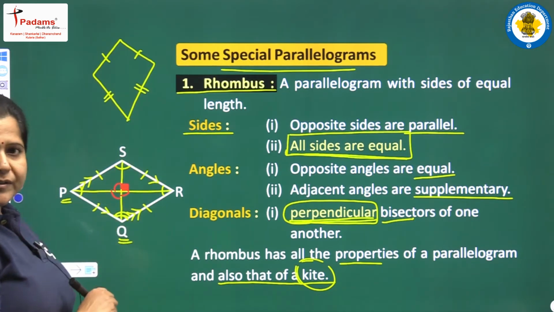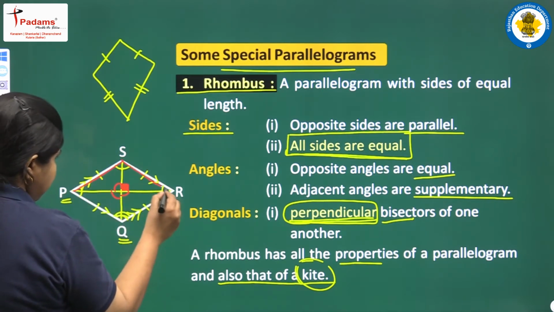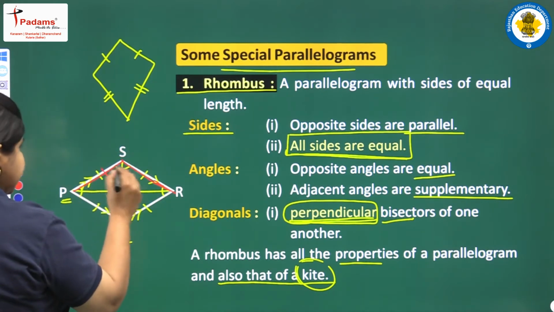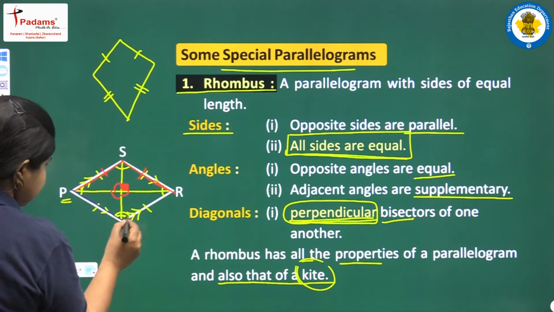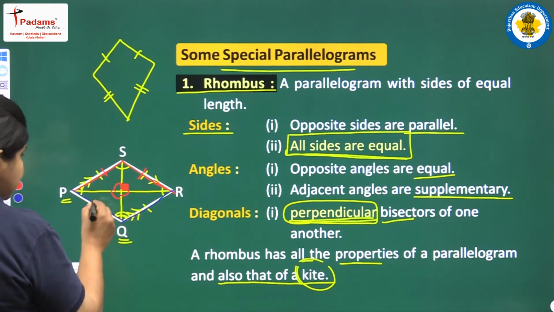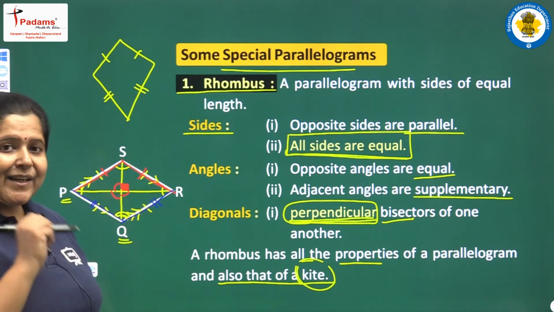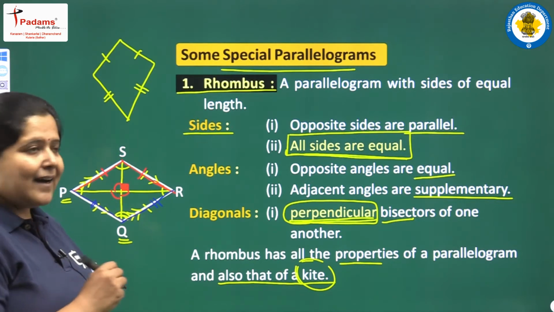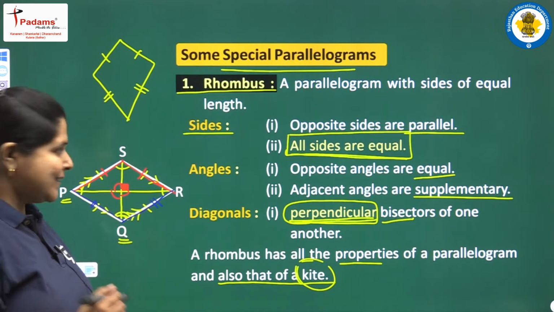In a rhombus also we have this pair of consecutive sides equal, SP and SR, this side is equal to SR, and also this PQ is equal to QR. So here again we are getting two pairs of consecutive sides equal as they are in a kite. So this feature is similar to that of a kite.